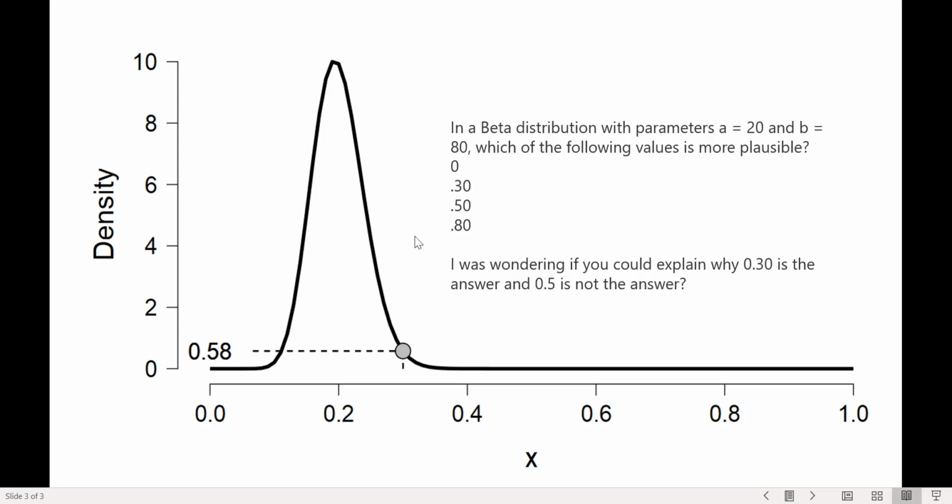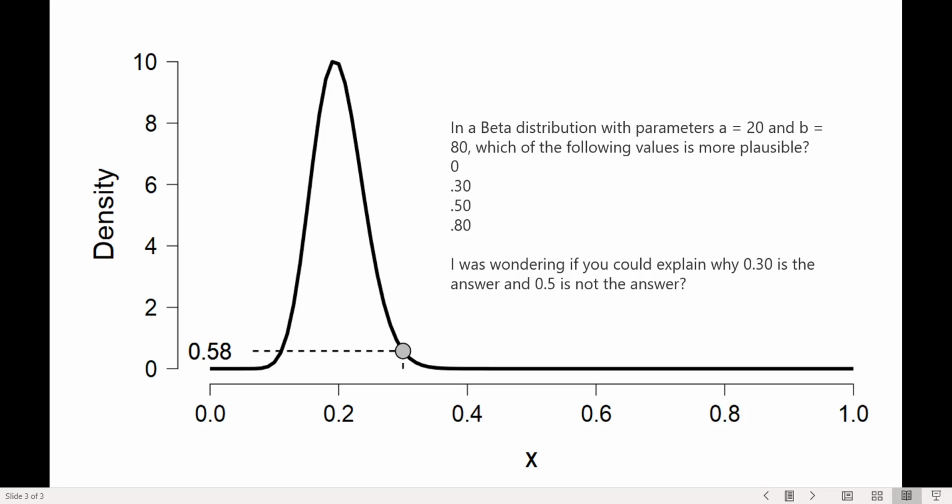Okay, so remember that, for the sake of argument, we can consider that A and B are successes and failures in a binomial distribution.